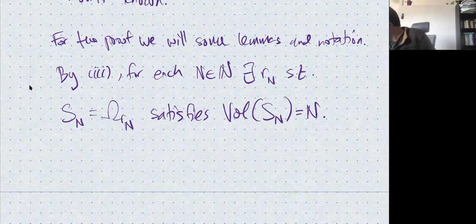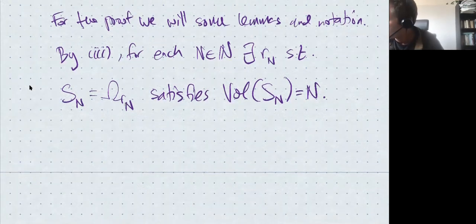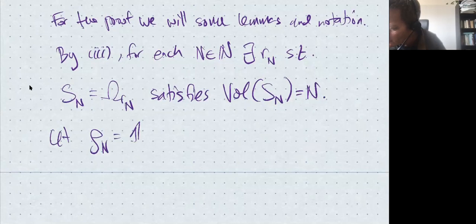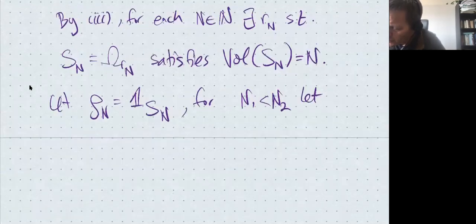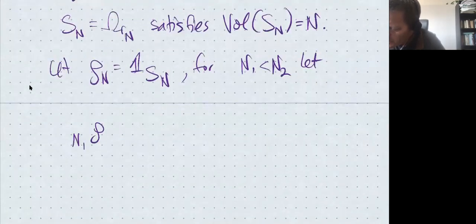And now let's look at the indicator function of these Sn's. So let rho n be the indicator function of Sn. So these are functions in L1. And for two numbers, n1 less than n2, I'm going to have this fancy notation.